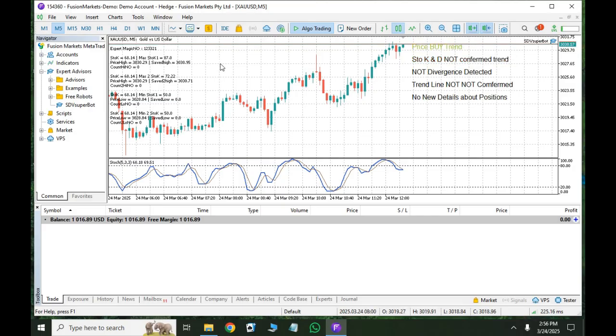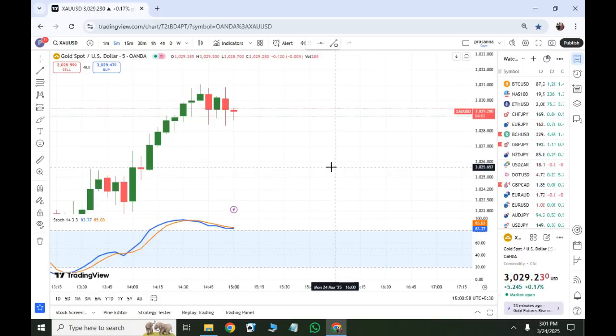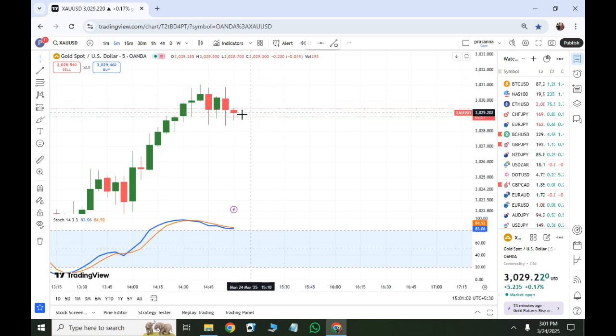To check the price trend, we analyze three candles. That means the current forming candle and the previous two candles.